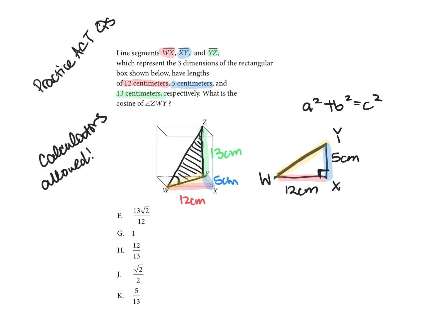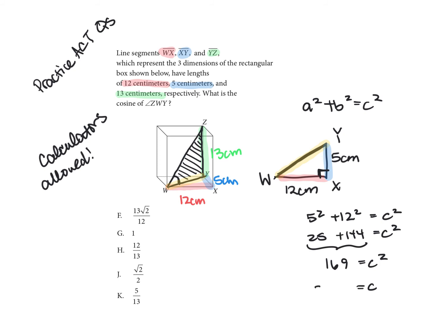So I'm going to set this up and say 5 squared plus 12 squared is the same as c squared. So 25 plus 144, use a calculator for this, that's totally reasonable. Sum these together, you get 169 is equal to c squared, and thus c is equal to the square root of 169, or 13. So this is going to be 13 centimeters right here.